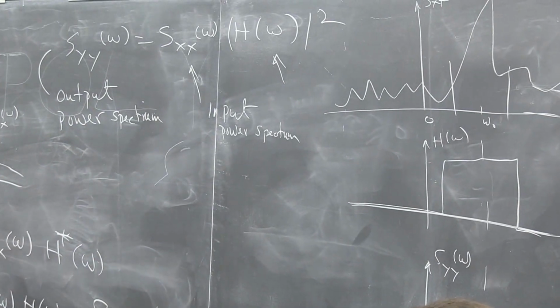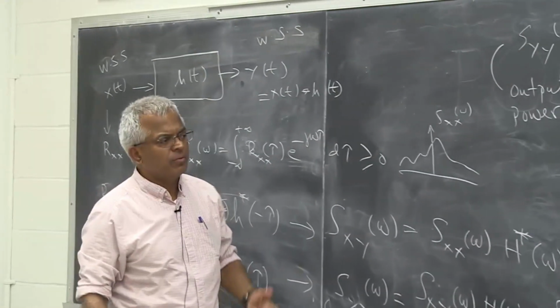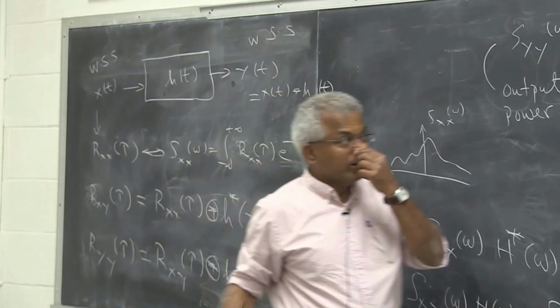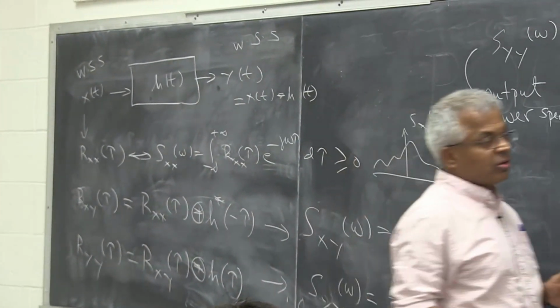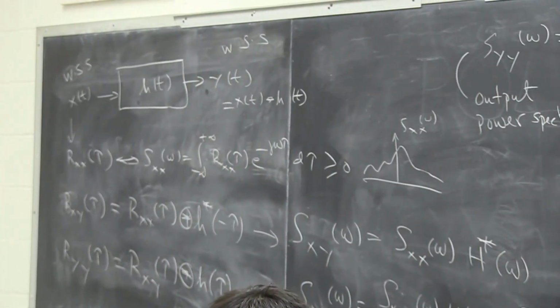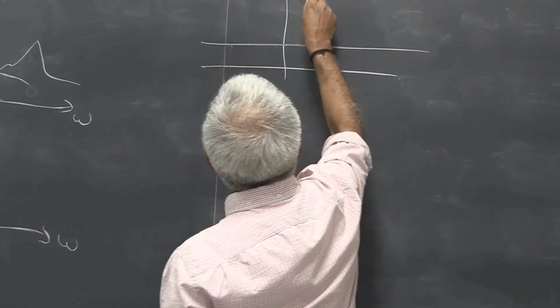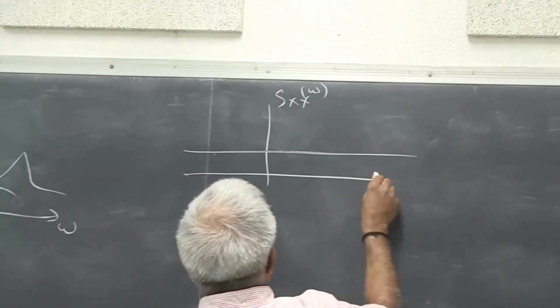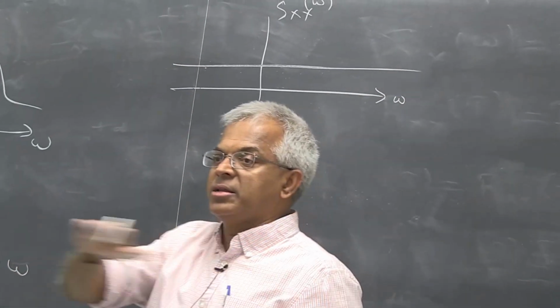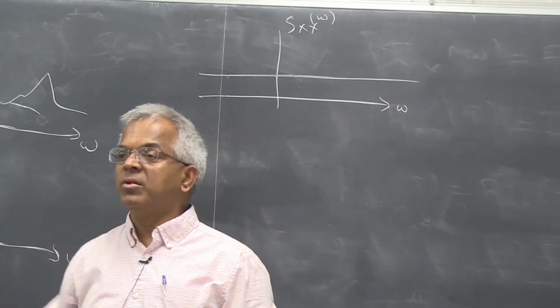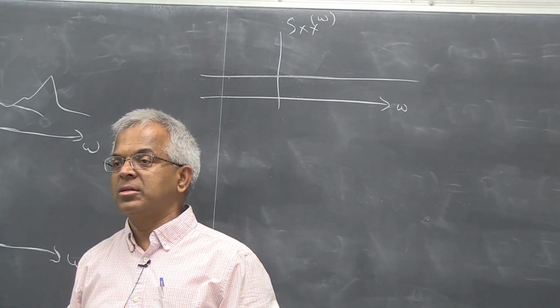So look at here, we have been using this term white noise. If the spectrum of any process is flat, then it is like the sunlight, right? Sunlight has at least all the visible frequencies equally represented.